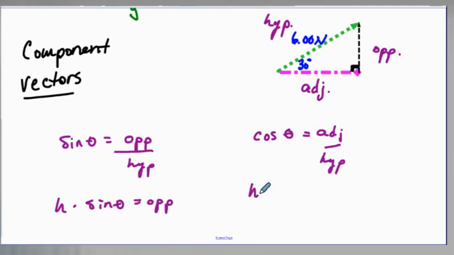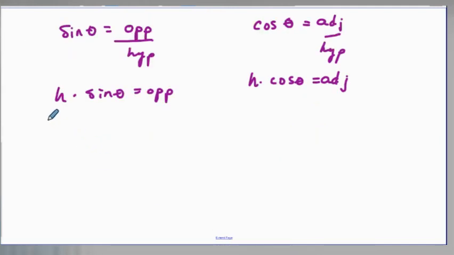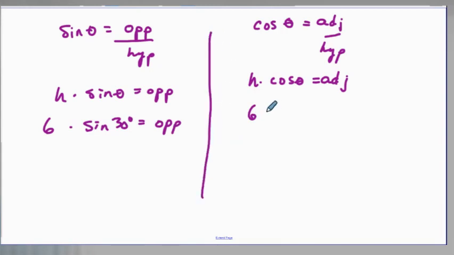Same algebra, my hypotenuse times the cosine of theta equals my adjacent. Now I just put my values in. My hypotenuse was 6, and I had the sine of 30 degrees. That will give us our opposite. Likewise, 6 times the cosine of 30 degrees will give me my adjacent side.